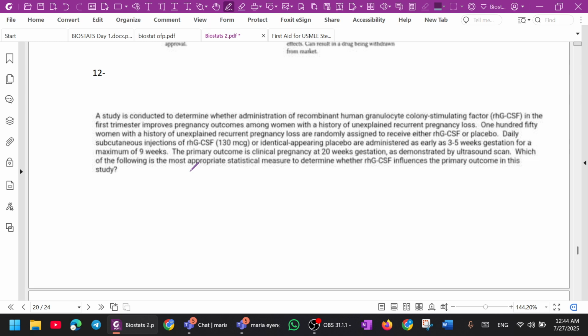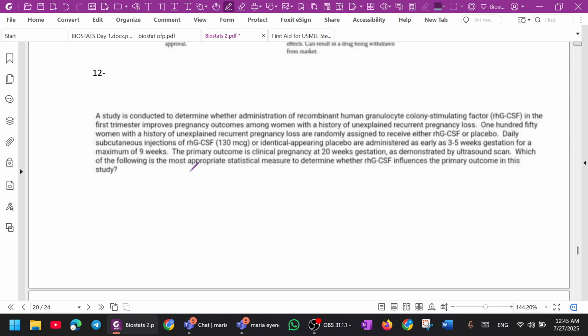150 women with a history of unexplained recurrent pregnancy loss are randomly assigned to receive either rhG-CSF or placebo.